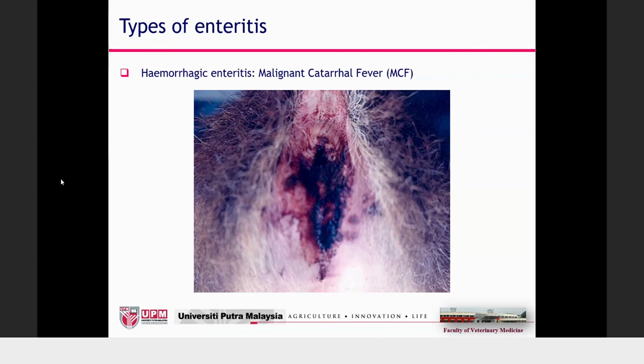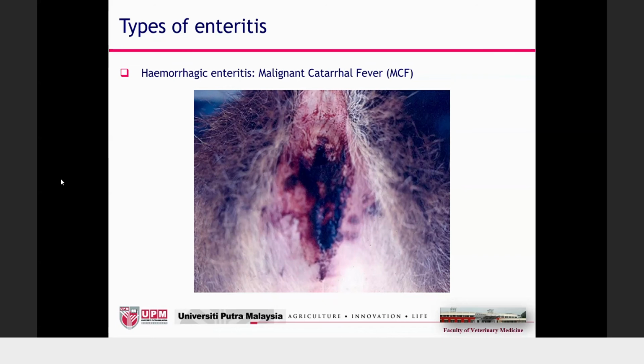What happened is that this herd of deer, which is about 20, I guess, we kept close to the sheep. Because please remember, try to avoid keeping deer and sheep in a close place. They cannot sit very close, because sheep are quite resistant to malignant catarrhal fever, while deer are highly susceptible.